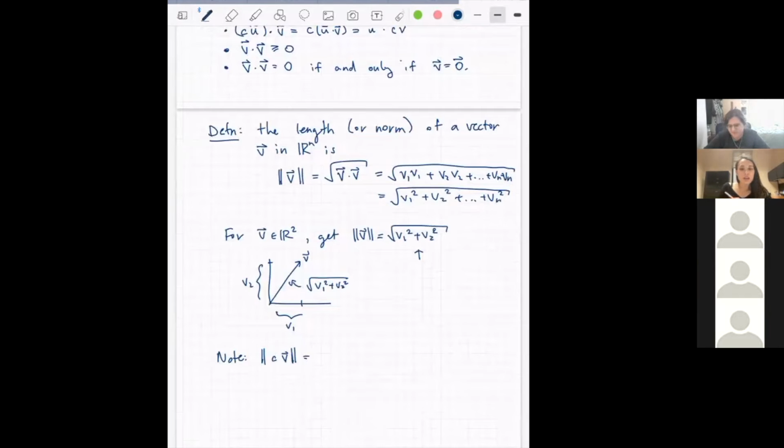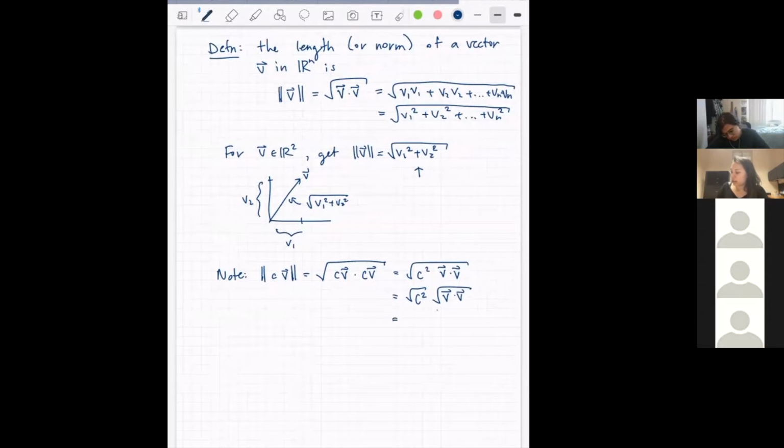If we're looking at v times a constant, we can write out what that would be: c times v dotted with c times v. By the properties we just stated for dot products, we can pull those constants to the front and group them together. So this will be the square root of c squared times v dotted with itself. Then we can split this square root into the square root of c squared and the square root of v dot v.